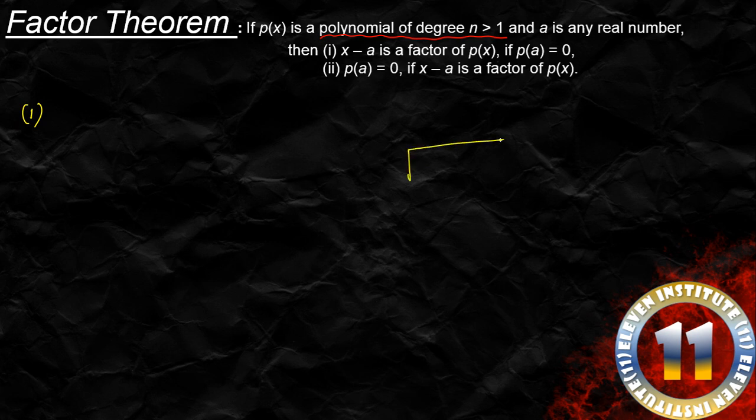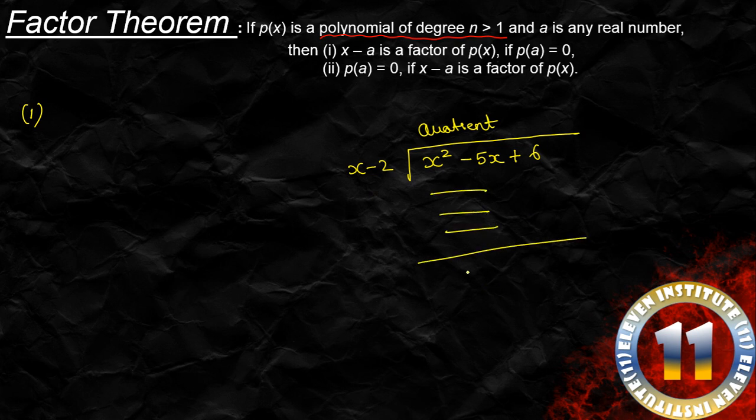Suppose I am having a polynomial x square minus 5x plus 6, and suppose I want to divide it by x minus 2. Now when you perform the division you will get the quotient, and after some steps, finally here you will get your remainder.